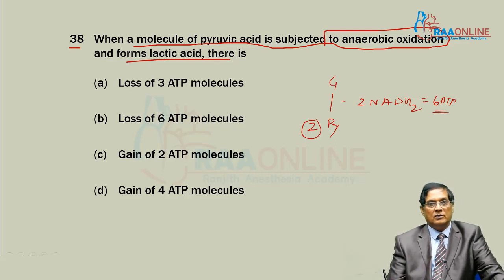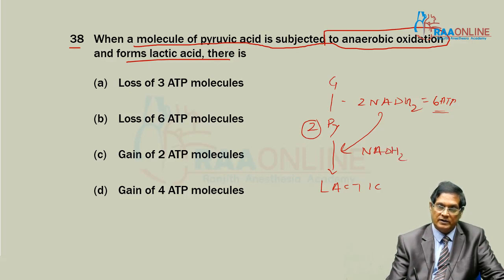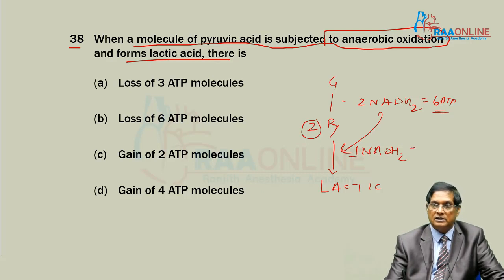But when pyruvic acid is subjected to anaerobic oxidation, that is if it forms lactic acid, in that case it uses 1 NADH2 per pyruvic acid. And for 1 NADH2, 3 ATPs will not be produced.